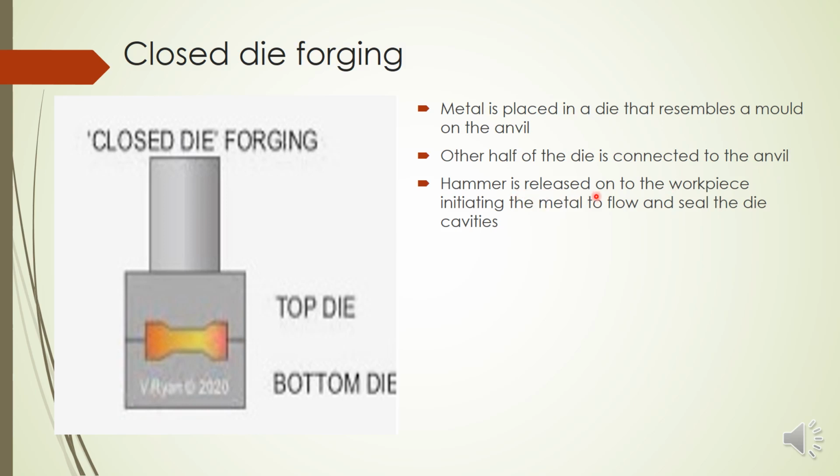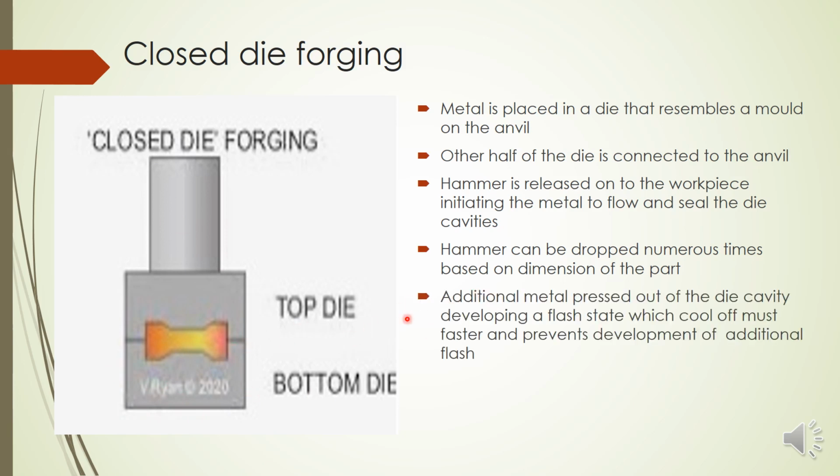Then that hammer is released onto the workpiece, causing the metal to flow and fill the die cavities. A hammer can be dropped numerous times based on the dimension of the part. So here we have the hammer, or the press, which is used to drop the top die over the metal. The bottom die is not moving, it is resting on the anvil.